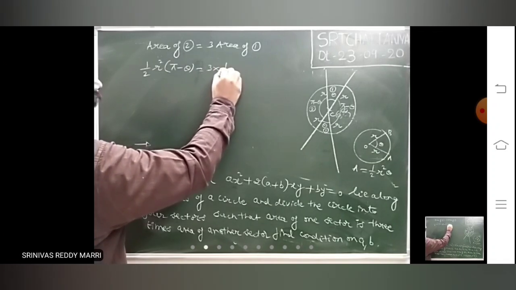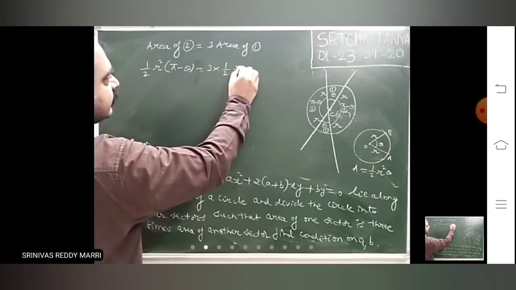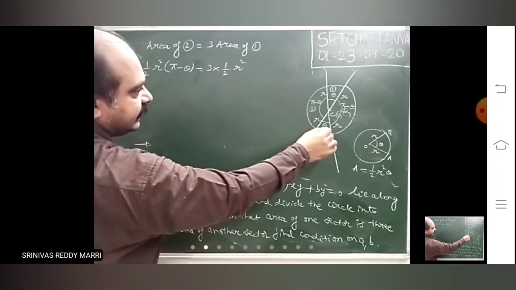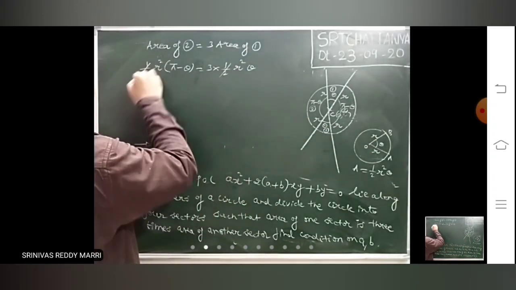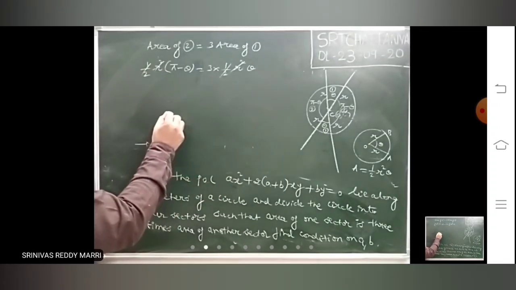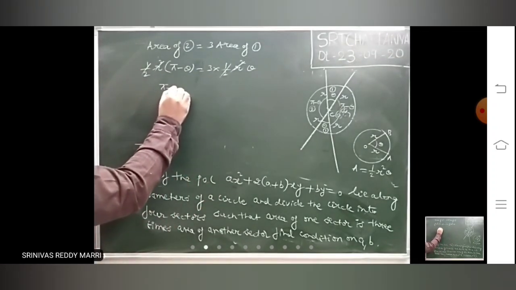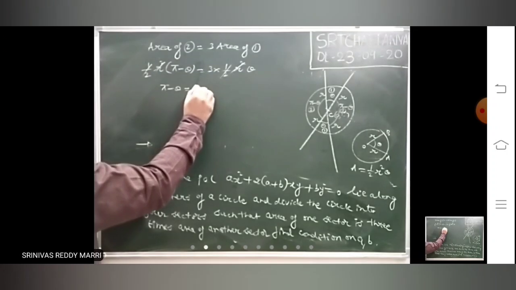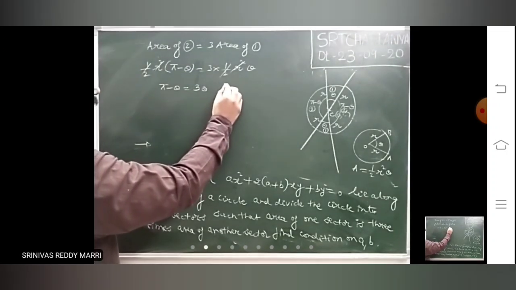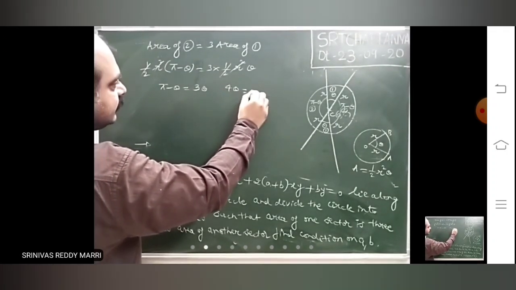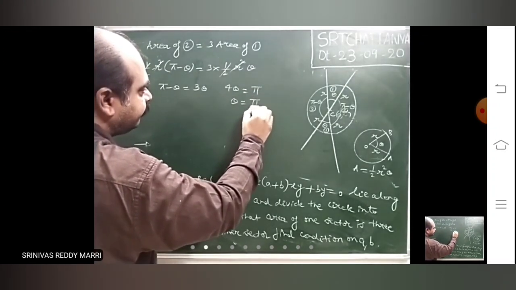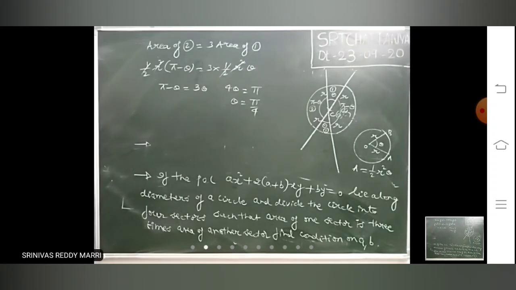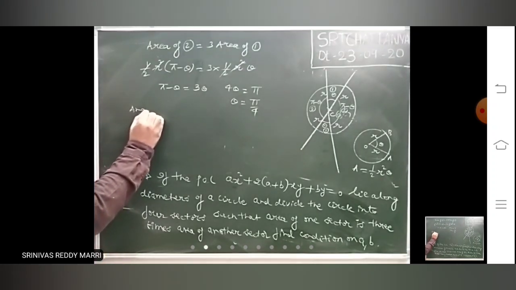So 3 into half R square, what is the sectorial angle for 1? Theta. So half will get cancelled, R square will get cancelled. Pi minus theta equal to 3 theta. That means 4 theta equal to pi. That means theta is nothing but pi by 4.